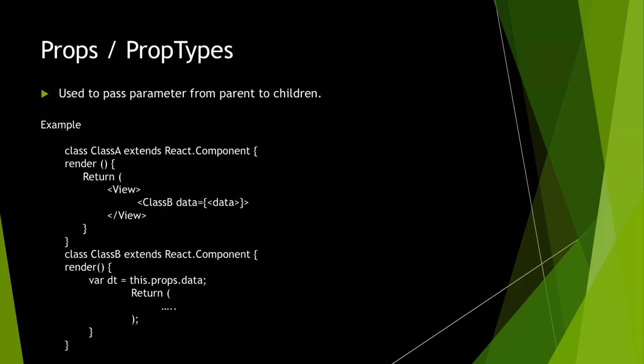And then inside that, I receive them in var a or var b, and then I can do whatever I want with those values. Similarly, props is very similar. Props is passing certain values to a component instead of a function.